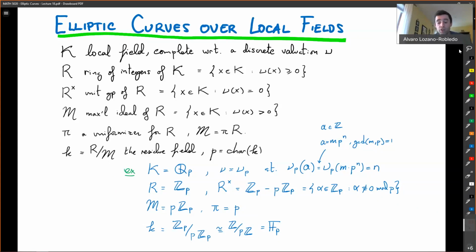The situation is very analogous to what you are seeing here, but the valuation is a little bit different, and so on and so forth. But essentially, all the ingredients are already there for Q_p.